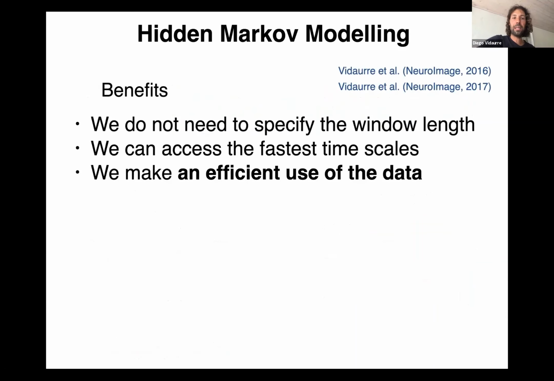So the benefit is that we do not need to specify the window length, because there is no window. We can access the fastest timescales because the visits to the states can be as short as the data prescribes. And it makes an efficient use of data because you train the model on the whole data.